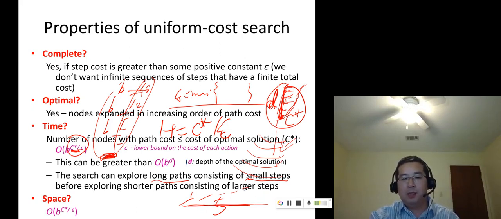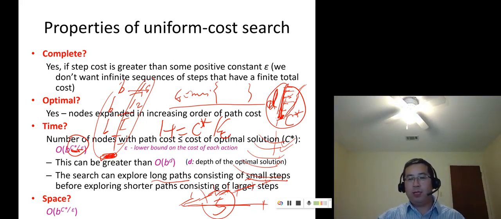So this path is shorter, but you have to exhaust all of the small cost steps to reach here, because we go based on the cost contour. You cannot jump to the next cost contour before you exhaust all the nodes in the lower cost contour. It's like a watershed.